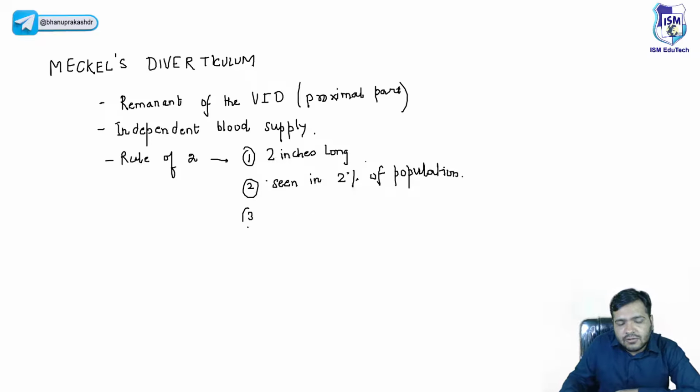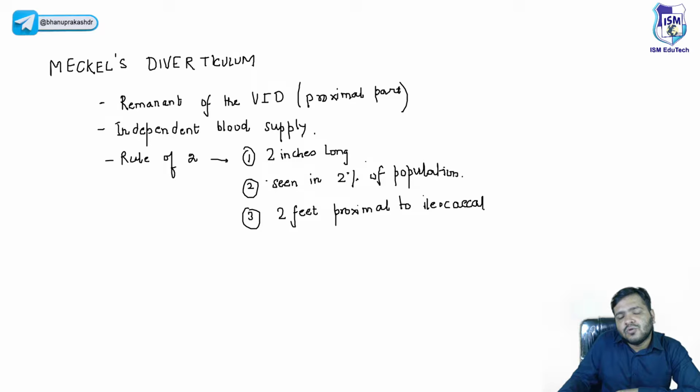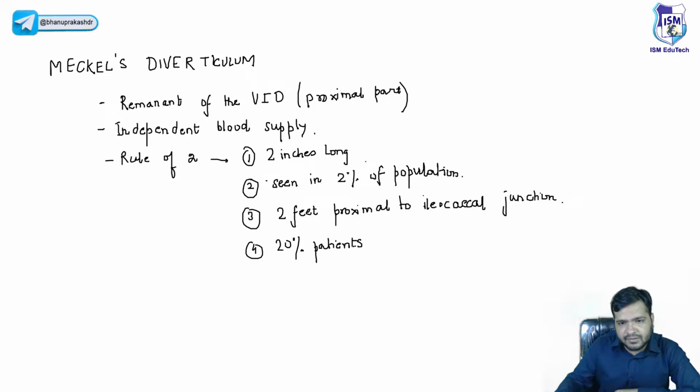It is 2 feet, the location, beta: it is 2 feet proximal to the ileocecal junction. Now, in that case, 20% of patients can have ectopic mucosa.